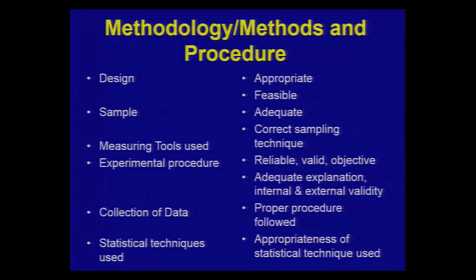Then collection of data needs to be as per the planned procedure. So if the person has given an experimental procedure, that needs to be implemented in toto as far as the collection of data.